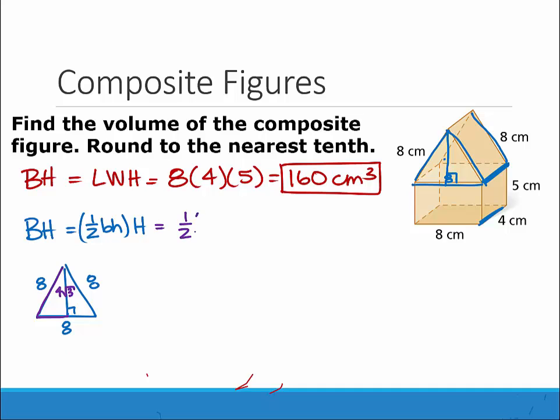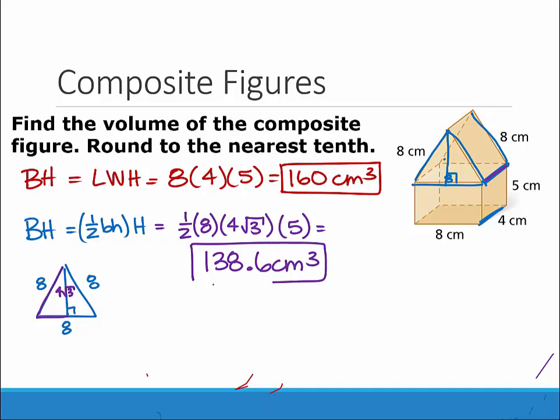So we have 1/2 times the base of our triangle, times the height of our triangle, times the height of our prism, which we said was 5. And because this says to round to the nearest tenth, we're just going to type all of this into our calculator. We end up with 138.6 centimeters cubed. Now remember, this is just the triangular prism that's on top.